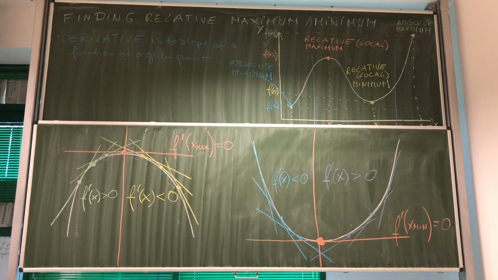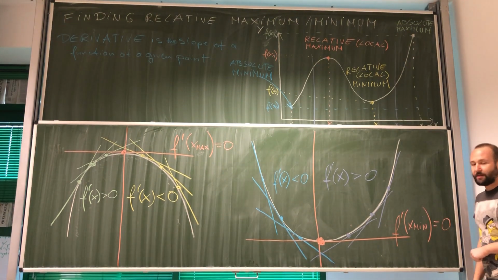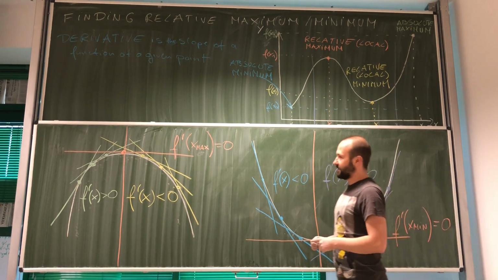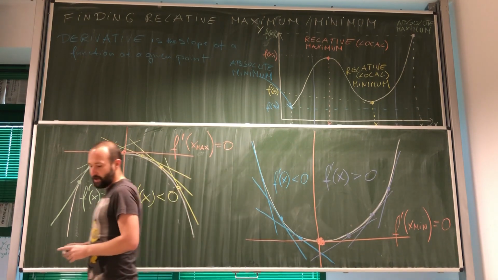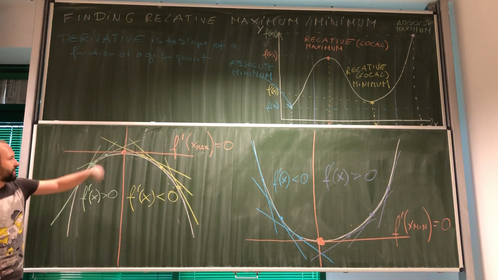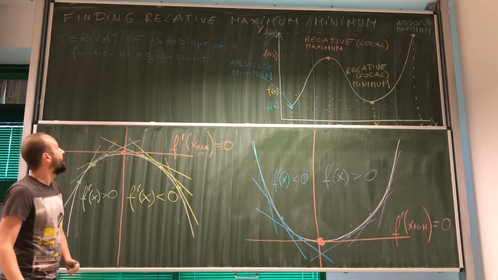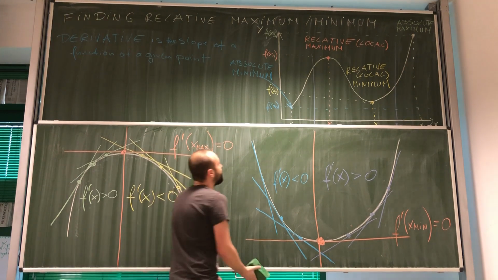minimum or maximum. But there are some special cases, and there are circumstances in which the value of the derivative of the function can be equal to 0 without actually this point being a maximum or a minimum.